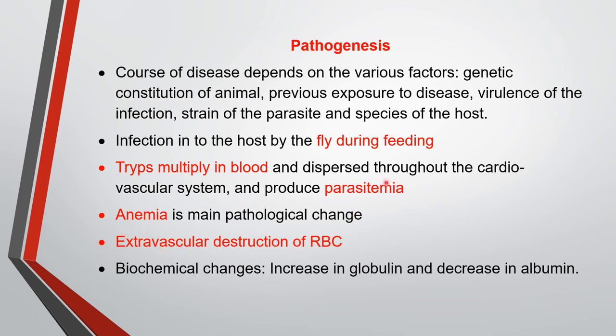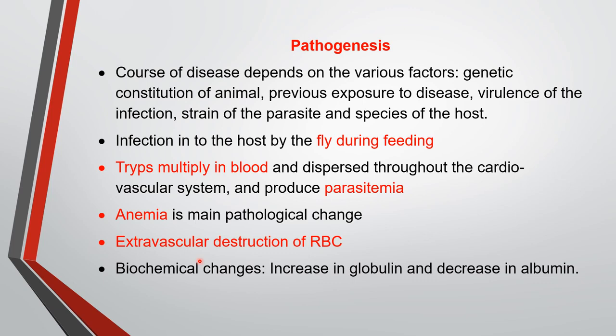Anemia is the main pathological change. There is extravascular destruction of RBC. It is not intravascular; this anemia is extravascular. That means the parasitized RBC are phagocytosed by macrophages, monocytes and the RES system.